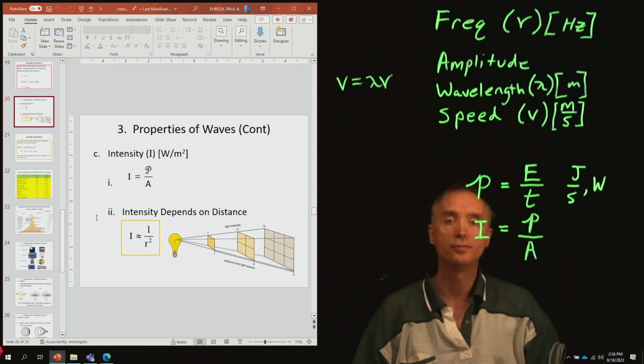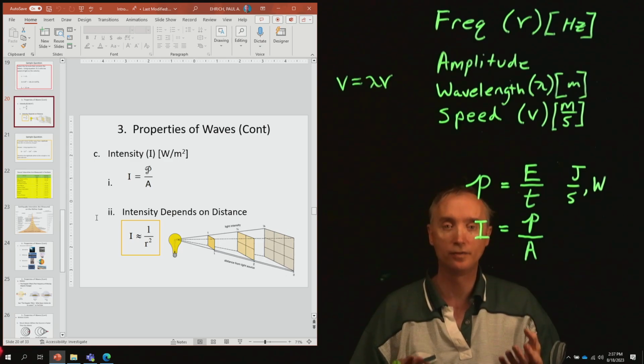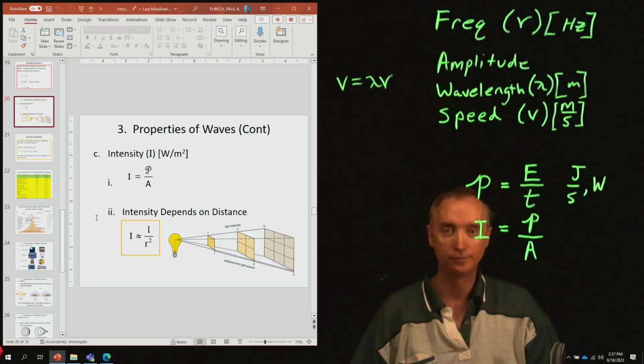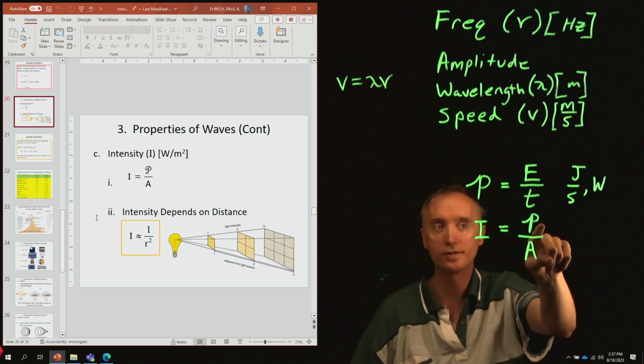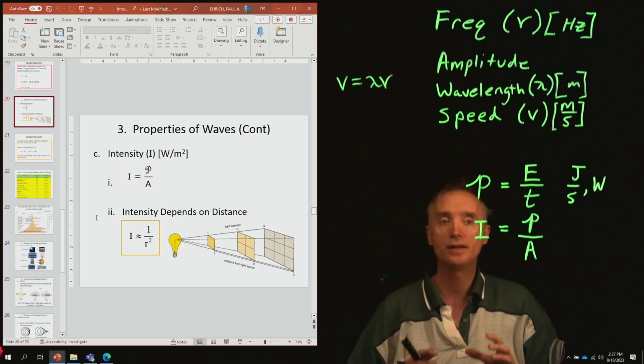And so this is going to be the brightness of a light bulb. When we talk about the intensity of a light bulb, we're talking about the brightness of the light bulb. It depends on the wattage of the light bulb, and it also depends on the area that it passes through, which means it depends on distance.